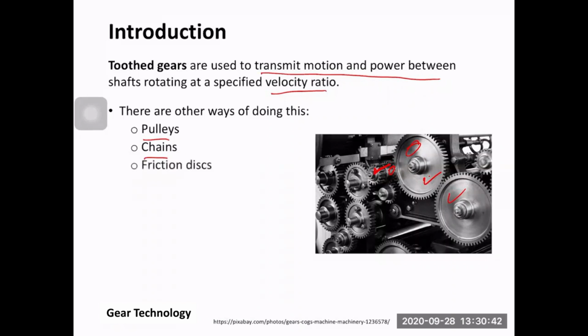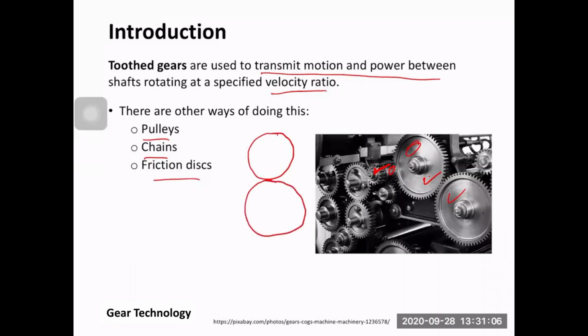Okay, so friction discs. If you have two discs or two cylinders, they are touching each other, tangent to each other. Due to friction, they can rotate each other and transform the motion and the torque between two shafts. So this is the first friction disc, for example, and the second friction disc.